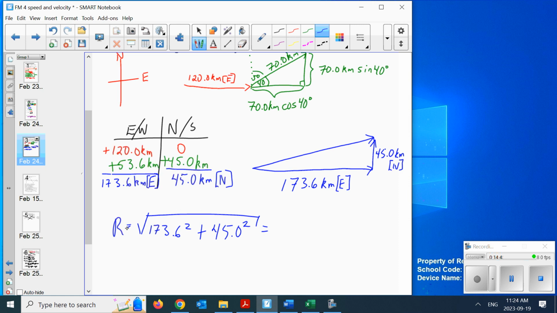That's tough stuff to do. 173.6 squared plus 45 squared. Not used to it.